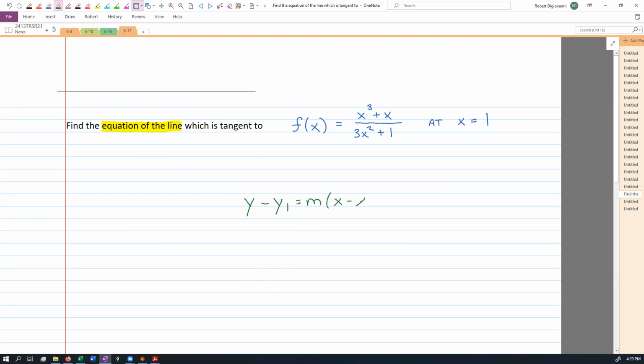And that means you need to know what the slope is. And the slope is going to be the derivative of this function at the point we're talking about, which is at 1. So you need to know the derivative at 1. Is that okay? Okay, yeah. Thank you.